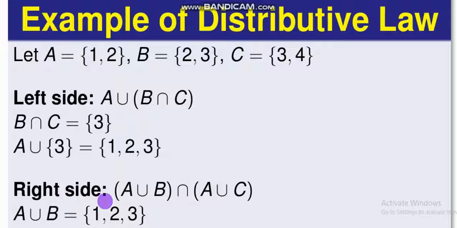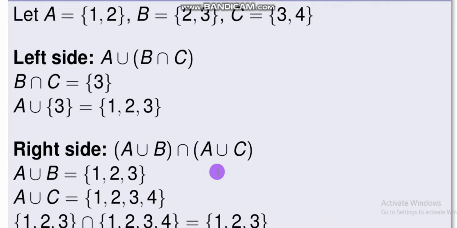Now the right hand side, we can get A union B first and then A union C, then we find the intersection of the two sets. So let's begin. A union B, you are uniting set A with set B. A has 1, 2 and B has 2, 3, so you have 1, 2 and 3.